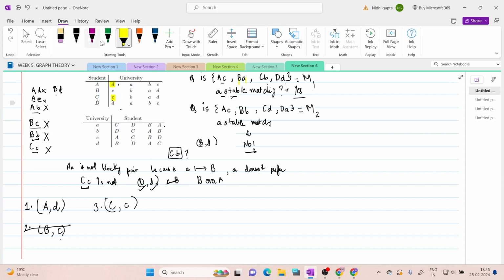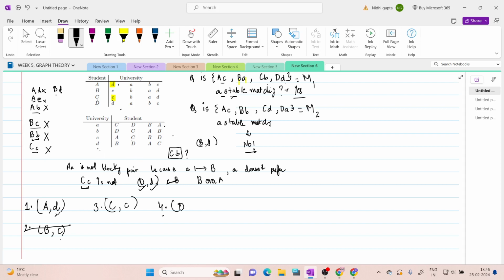Now who is the next free student? D, with small d. But now D has already been assigned university A. So in this situation we look at the preferences of university D. So who does D prefer, A or D?